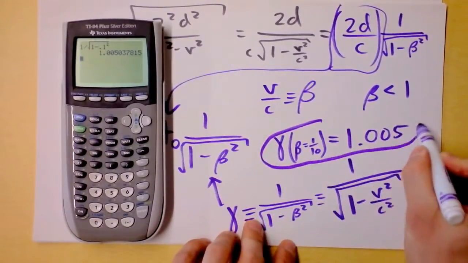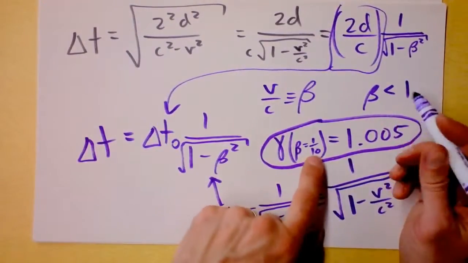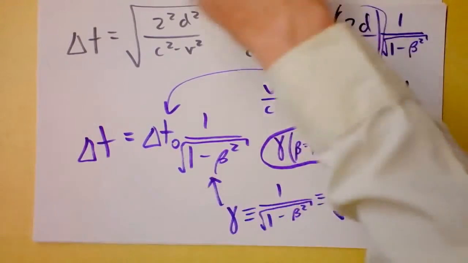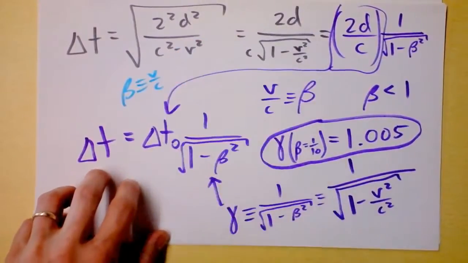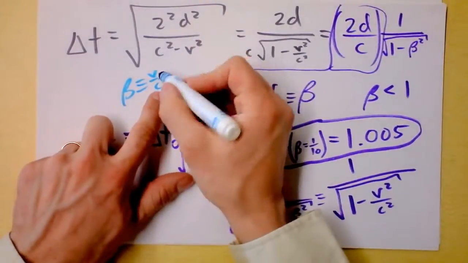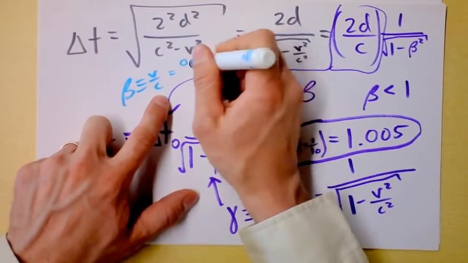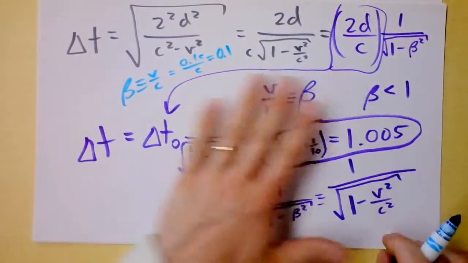So if I am looking at how time changes, if you're going 1/10 the speed of light, wait a second, I need a new color here, sorry. If beta is v over c, if I'm going 1/10 the speed of light, then I could say that my speed is 0.1 times c divided by c. That just gives a beta of 0.1. So beta is a really nice thing.